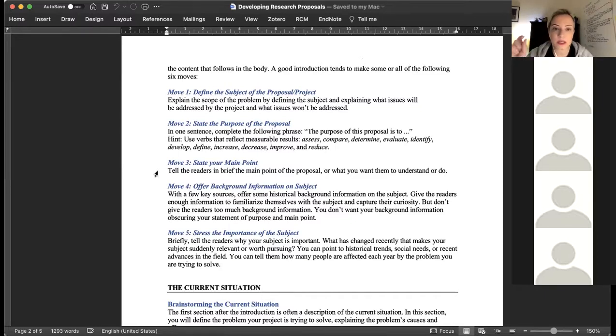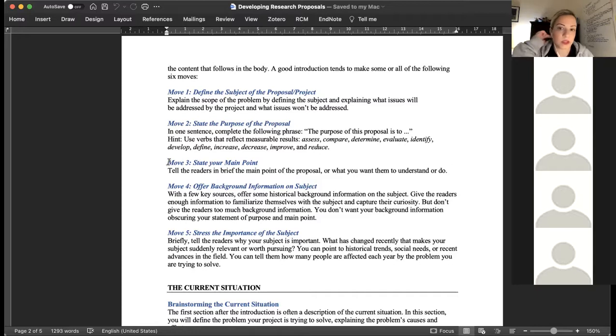Number 2, state the purpose of the proposal. So in one sentence, complete the following phrase: the purpose of the proposal is to, and then you have to use certain verbs that I put over here that help you come up with measurable results. Assess, compare, determine, evaluate, identify, develop, define, increase, decrease, improve, reduce.